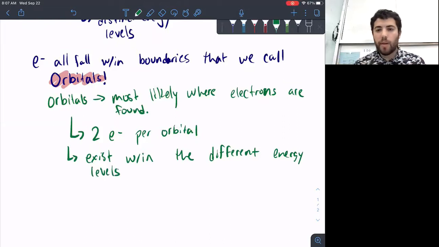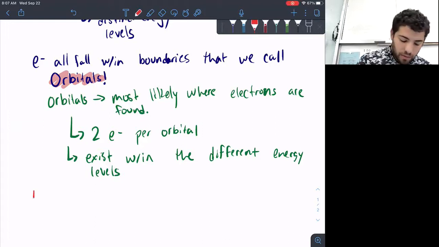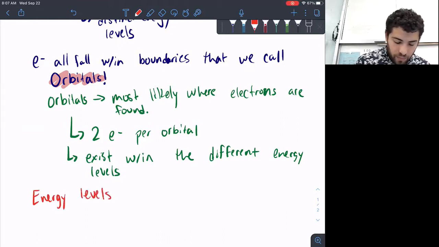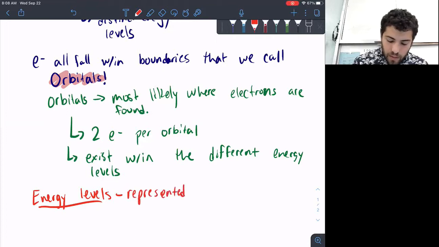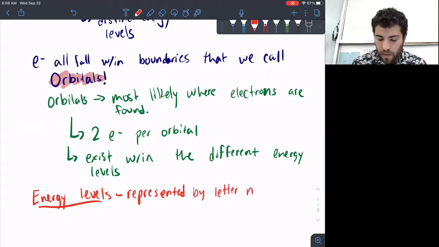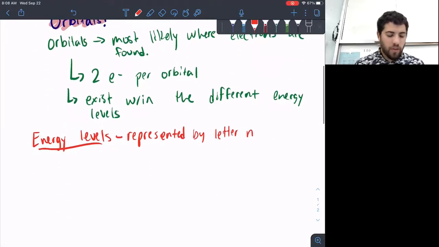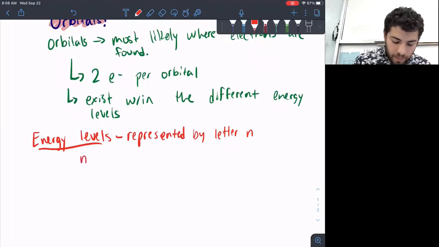So before I take orbitals further, I'm going to take a brief aside to look at energy levels. You'll notice that before I represented it with n. The thing about energy levels is we have 7 of them: n equals 1, n equals 2, all the way to n equals 7.